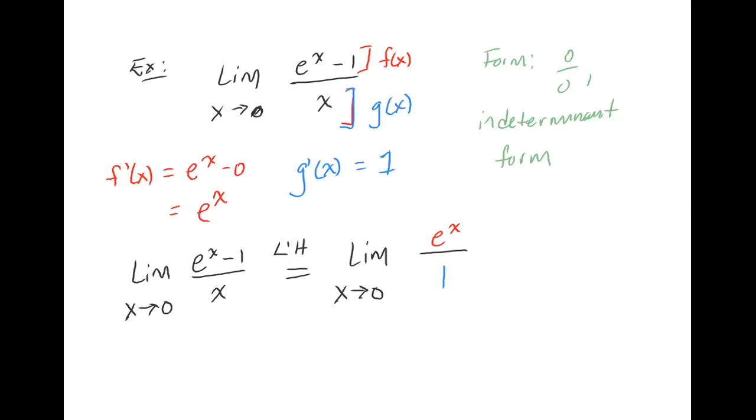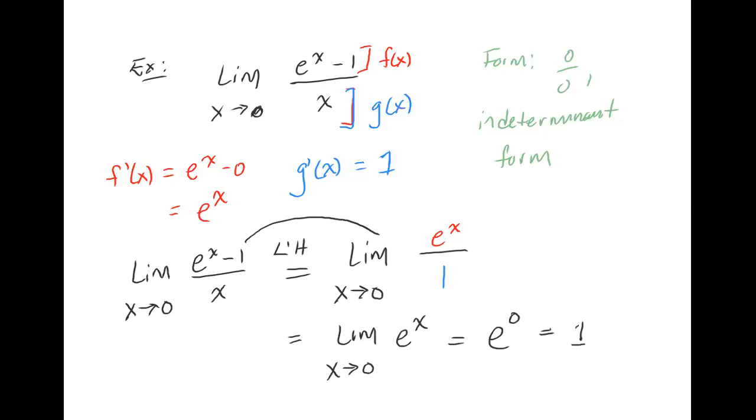I know that these two have the exact same value due to L'Hopital's rule. Now, I'm going to simplify this. This is equal to the limit as x approaches 0 of e to the x over 1, which is e to the x. And now I can ask myself, can I apply the limit? The limit as x approaches 0 of e to the x is equal to e to the 0 power, which happens to be 1.